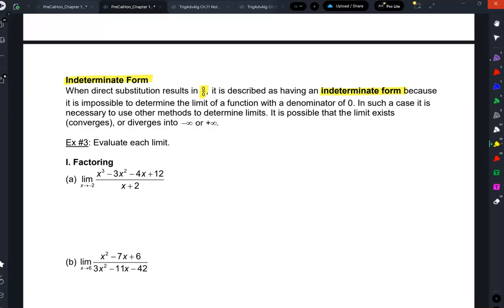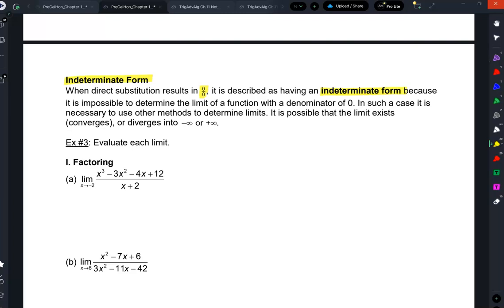So when you get 0 over 0, don't just discount it and say, does not exist. No. It could very well be that the limit exists, or it could be that the limit does not exist. The point is, we don't know. We are not able to determine, so it is indeterminate, okay?